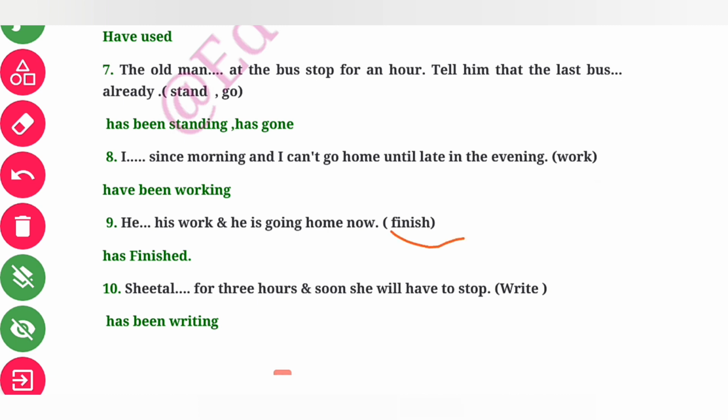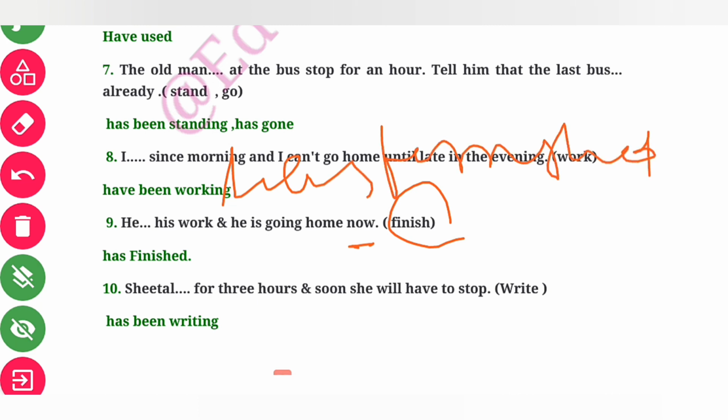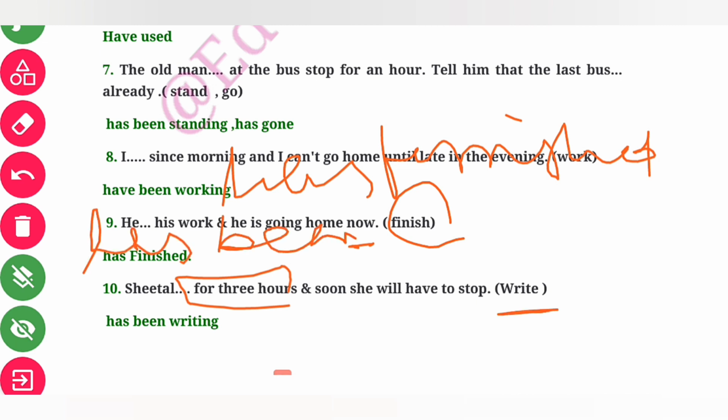Finish is given, going home now. ठीक है, इसका मतलब है कि action complete हो गया, only one action is given. So present perfect का use करेंगे भाई. तो he के साथ तो singular है तो has use करेंगे, has finished, ed form, he has finished his work and is going home now. ठीक है. नंबर 10, Sheetal dash for 3 hours. देखिए, for 3 तुरंत पहचानिए आप, for 3 hours present perfect. Sheetal जल्दी से answer बना लीजिए भाई, has के साथ been लगाइए और write है तो writing हो जाएगा. तो Sheetal has been writing for 3 hours and soon she will have to stop.